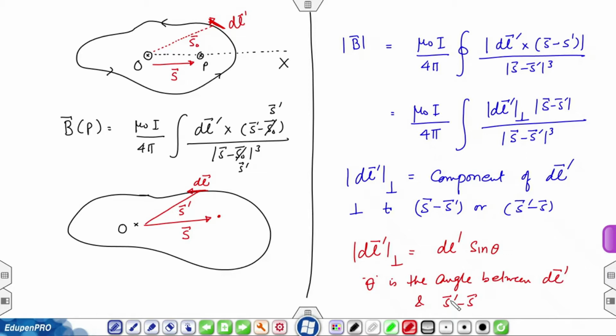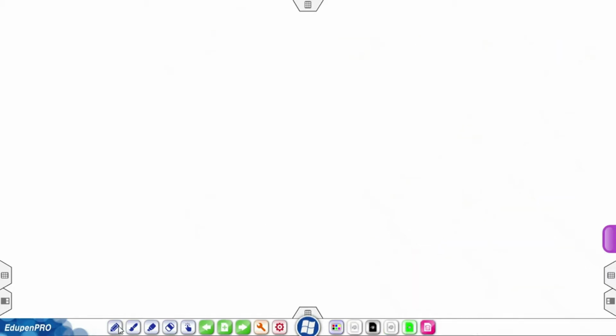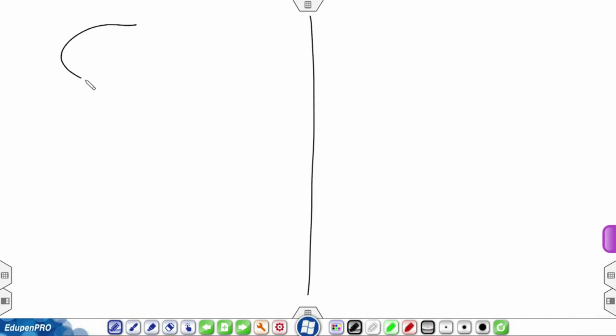Let us see this more clearly. Here is this loop, here is this point P, here is the vector s prime minus s, here is dL. I am just going to focus on this part.